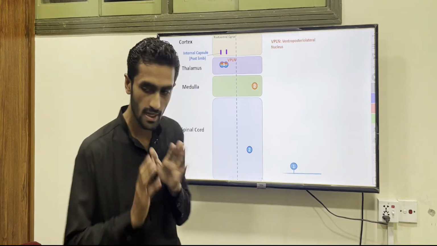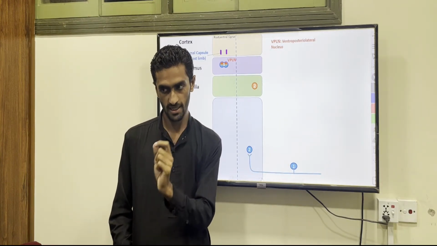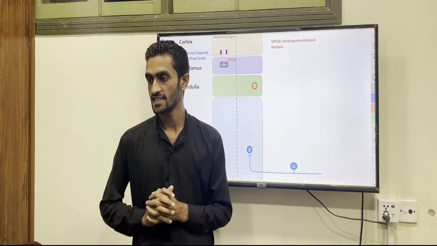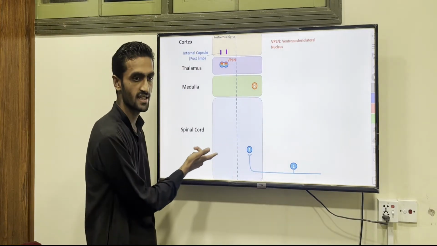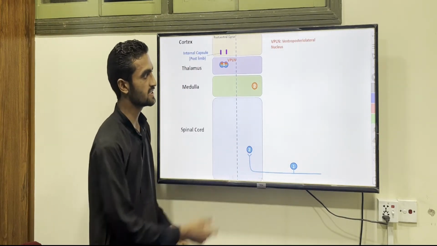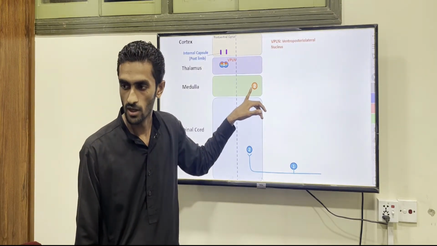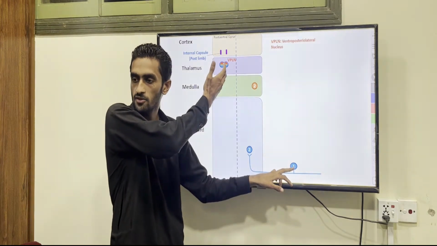Important thing, last lecture we mentioned, we have to define the location of the second. If we are able to define the location of the second, we can define their decussation level. If it is present in the spinal cord, their decussation should be at the level of spinal cord. If the second is present in the medulla, their decussation should be at the level of medulla. So the first is easier, outside; the third is easier, ventral, common.